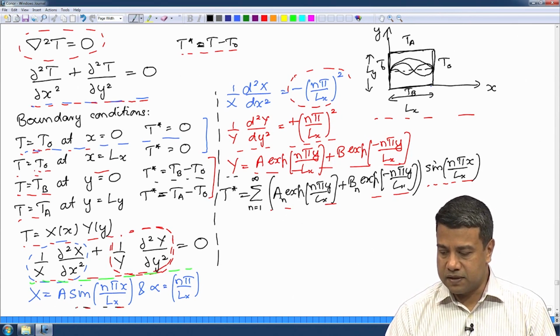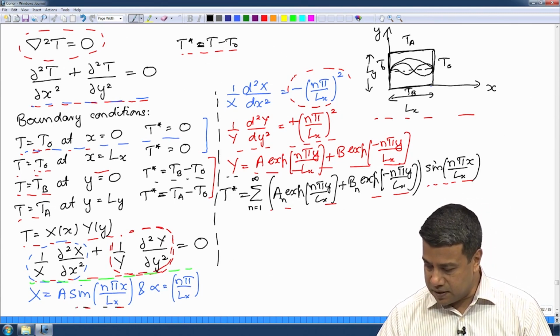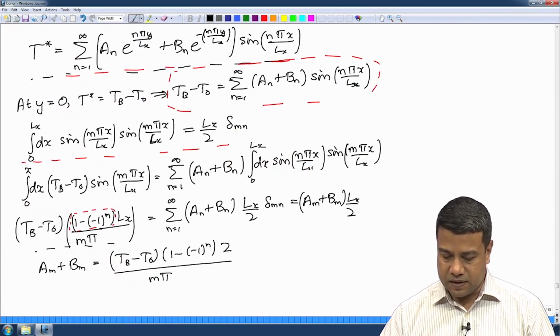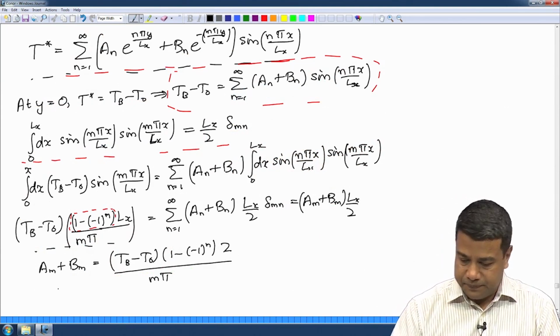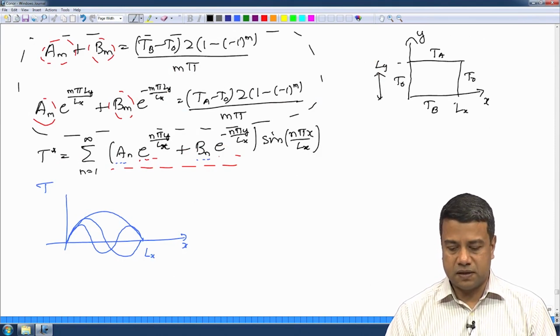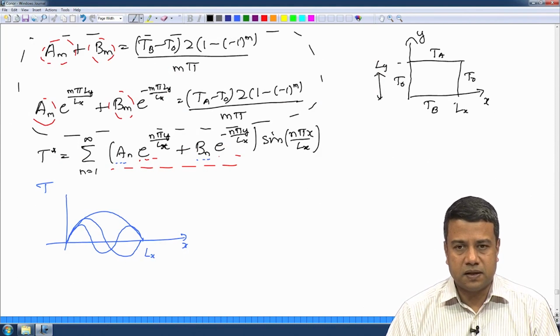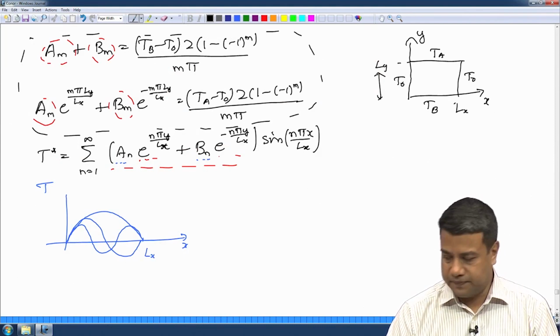In this particular case, you get exponential solutions in the inhomogeneous direction, and the constants in those equations are determined from the condition that the boundary conditions in the inhomogeneous direction have to be satisfied. Using orthogonality relations, you can satisfy those conditions.